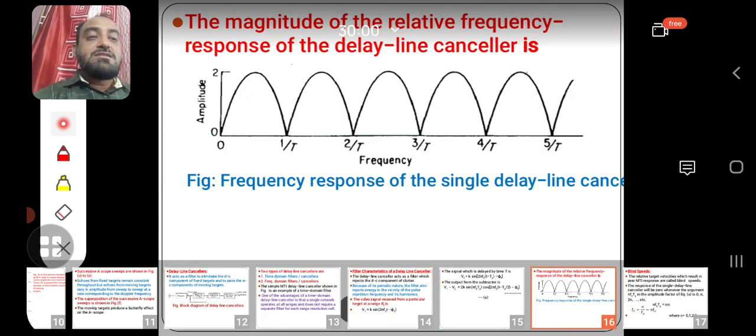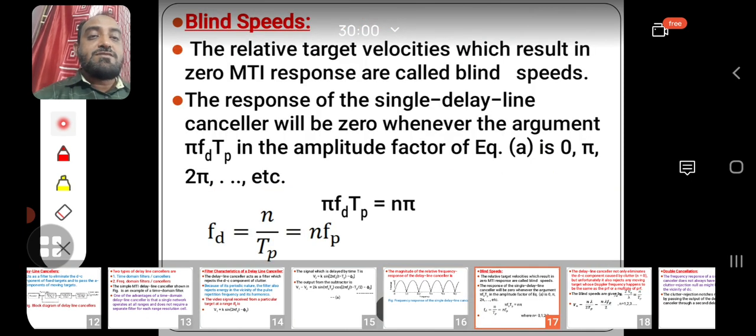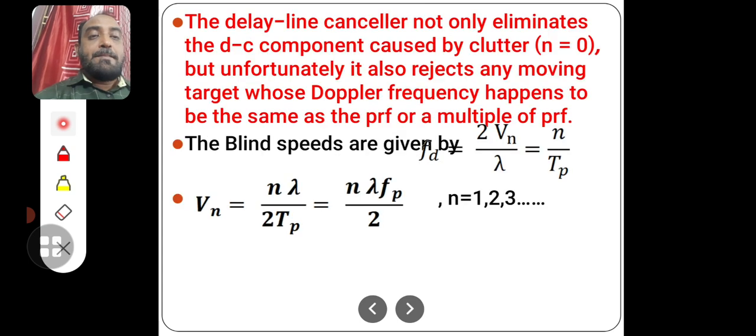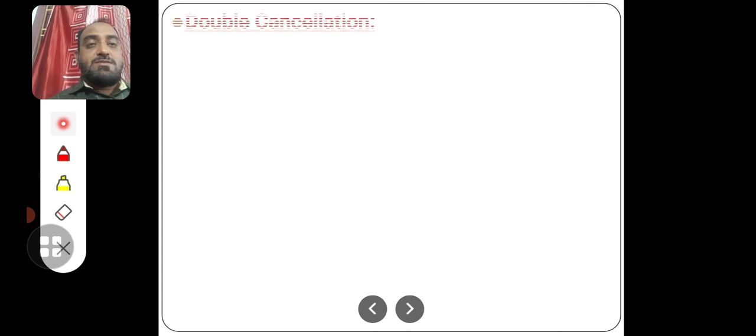At all multiples of this frequency, the response goes to 0. The delay line canceller not only eliminates the DC component caused by the clutter, but unfortunately it also rejects any moving target whose Doppler frequency happens to be the same as the PRF multiples, which can be written as 2Vn/λ or n/Tp, as we have seen in the previous slide also. Thank you.